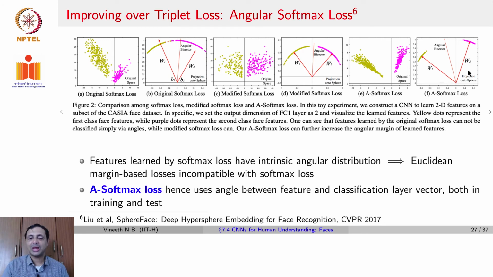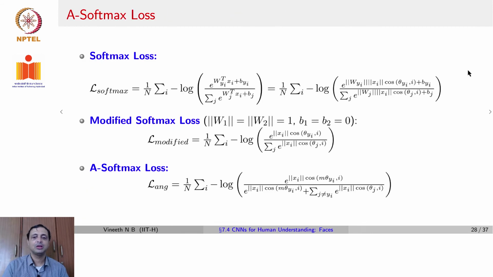So we now look at different definitions of these modified softmax losses. The original softmax loss can be written as e power Zi, where Zi would be the logits of the neural network, but those logits can be written as Wxi plus b, where xi's are the activations of the layer before applying the softmax.